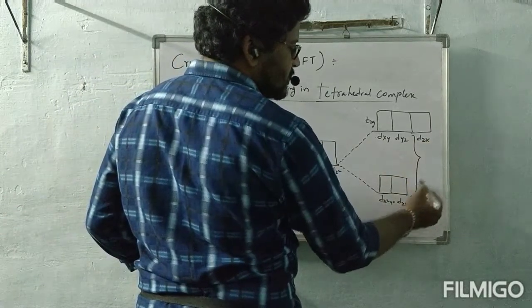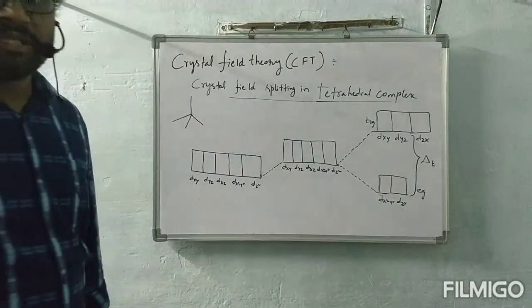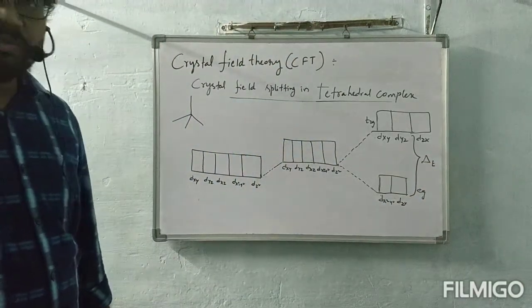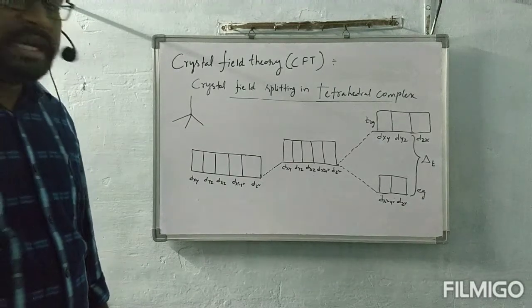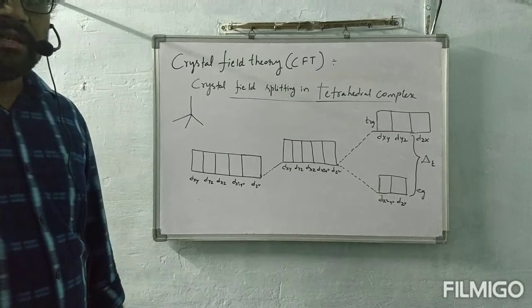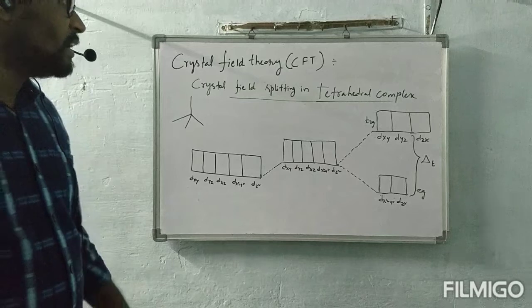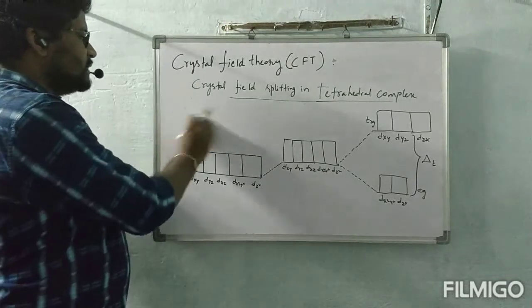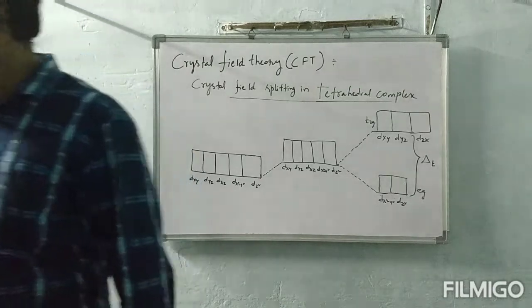This energy difference is represented by delta T. Delta means difference in energy between the two sets, and T means tetrahedral complex. This is delta T. Draw these two diagrams neatly, all of you: crystal field splitting in the octahedral complex and in the tetrahedral complex. Carefully draw these two diagrams.